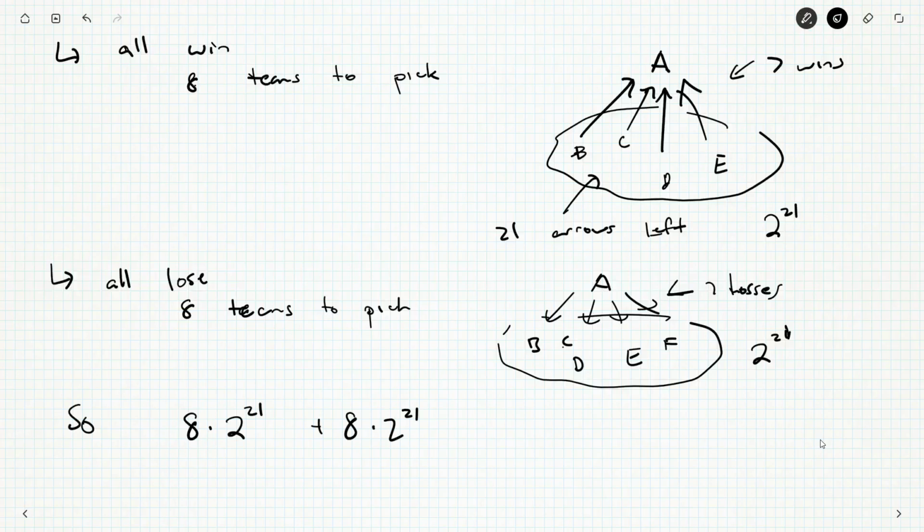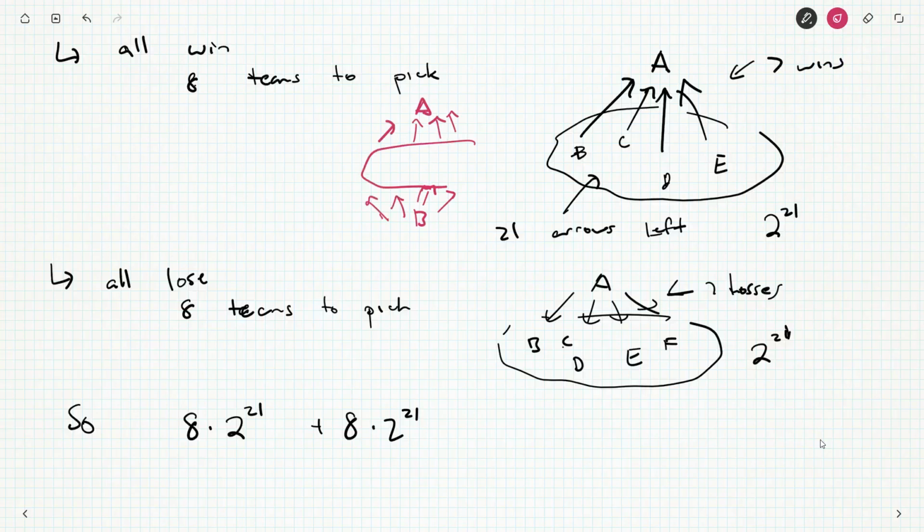And now, what happens about win and loss? Well, if you've done problems like this before, you'll know that there's a possibility that A could be the complete winner, and that B happens to be the complete loser. That's one of these scenarios over here. That's one of the 2 to the 21.